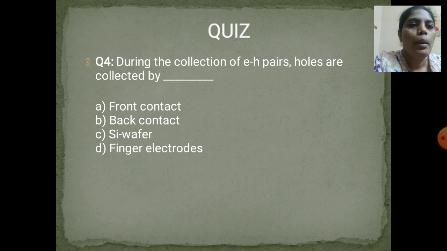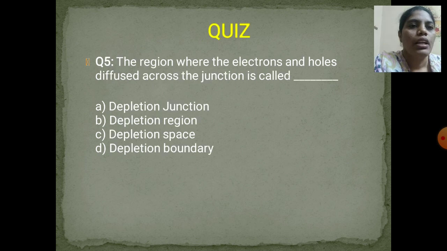So we need back electrodes, back contact. The region where the electrons and holes diffused across the junction is called depletion junction, depletion region, depletion space or depletion boundary. It is depletion region.